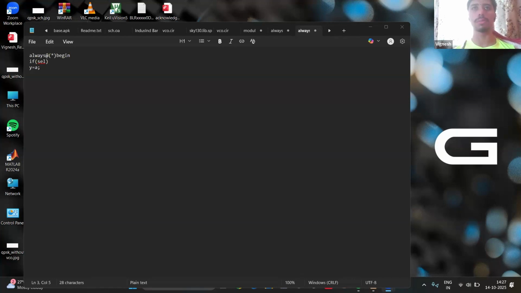So for that, we go for the master slave flip-flop to avoid it. What is the race around condition? The race around condition is when both inputs of the JK flip-flop are 1. It keeps on toggling, 0 and 1, 0 and 1. It is not stable. So that is the race around condition. To avoid that condition itself, we go for master slave.